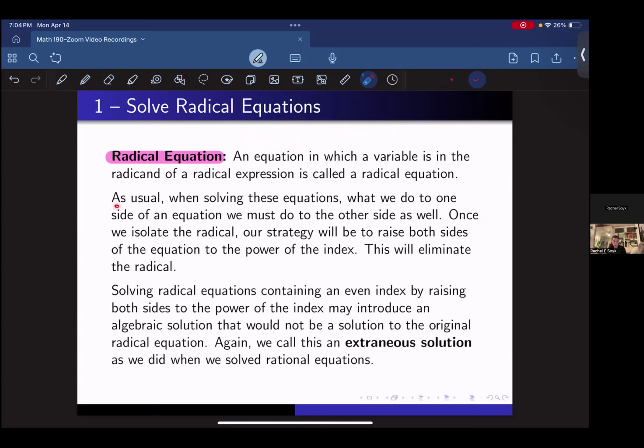As usual, when solving these equations, what we do to one side of an equation, we must do to the other. We need to make sure that everything is balanced.